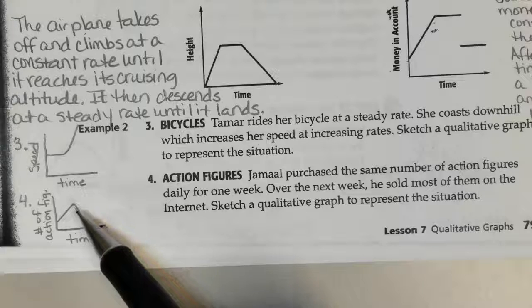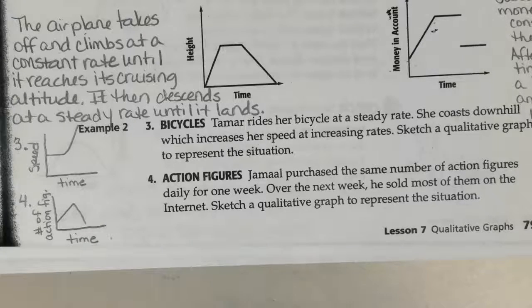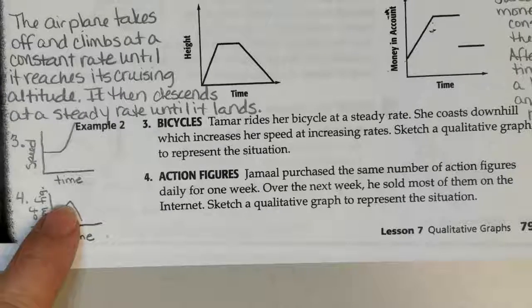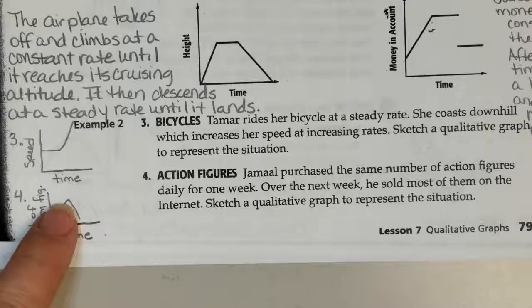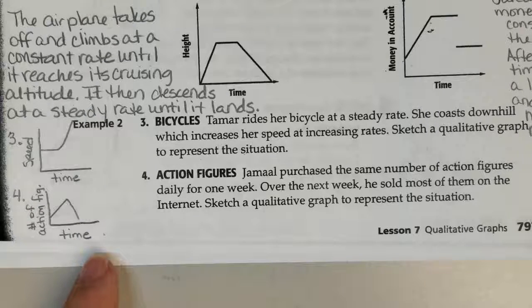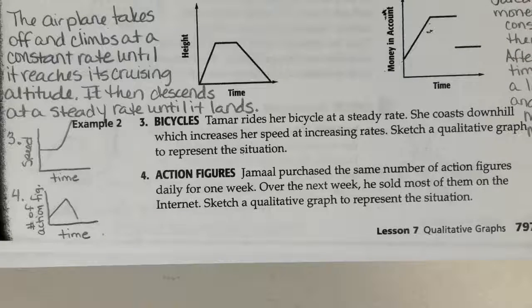And then the next week he sells. It says over the next week. So again, this could be straight or this could be a little curved. We don't really know the rate at which he sold them. But it says he sold almost all of them. So I don't come all the way down to my x-axis because that would mean he had 0 left. So it just shows that he sold most of them.